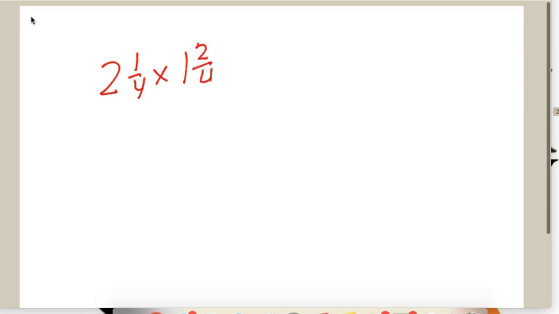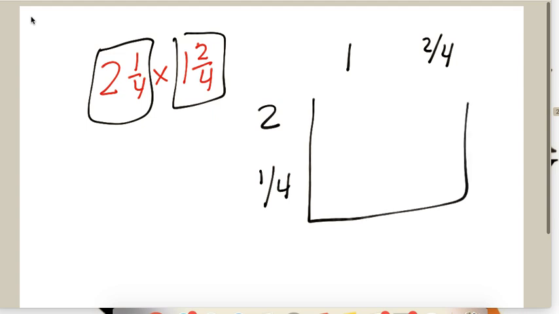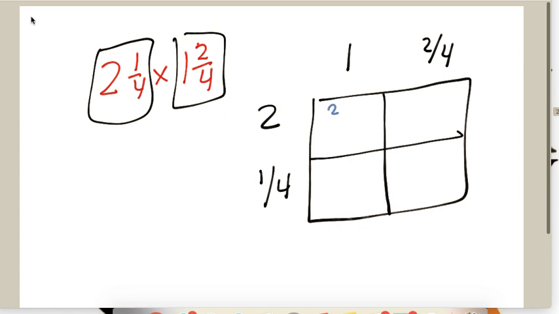2/4. Okay, so the area model way is to break apart this number into maybe 2 1/4. Break apart this number into 1 2/4. Make your area 4 square and start multiplying your squares. So I'd have 2 times 1, which would give me 2.